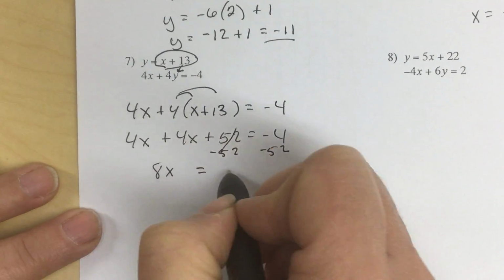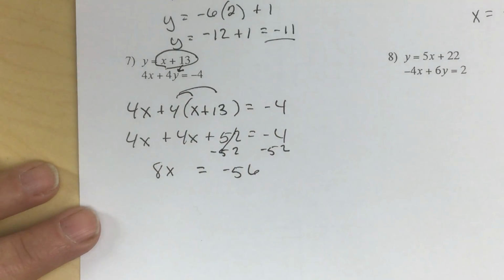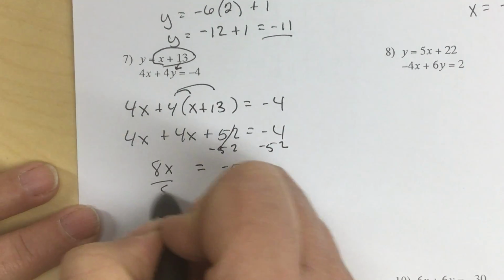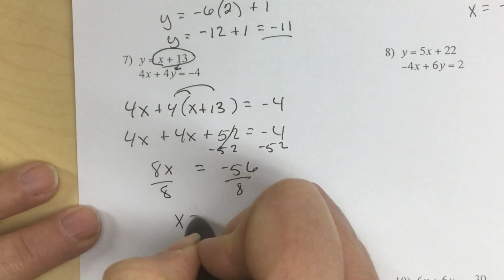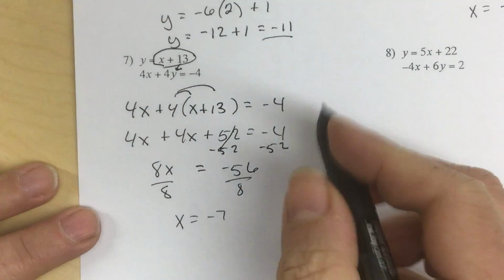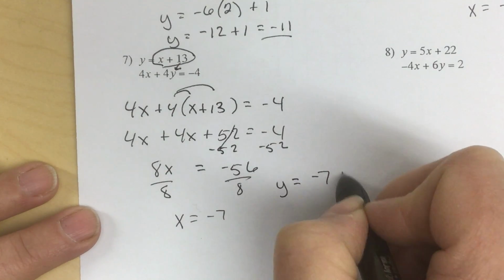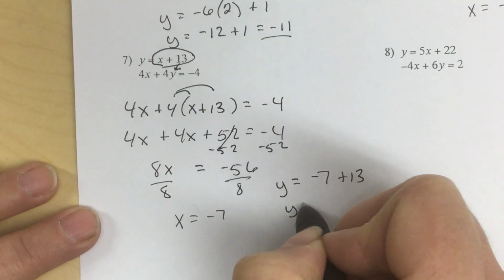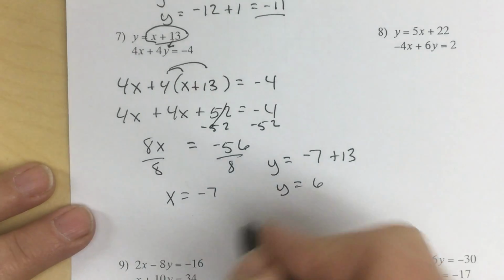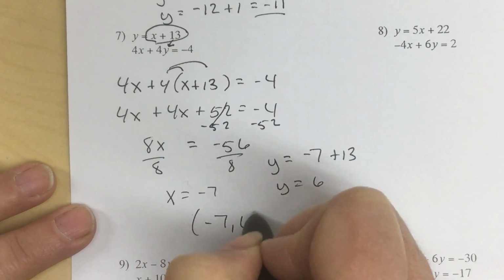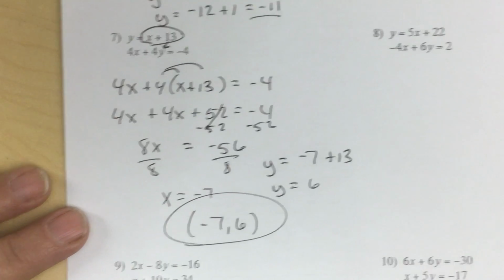So 8x will give me negative 56. And then I'm going to divide both sides by 8. X equals negative 7. Then we use y equals x, which is negative 7, plus 13. So y equals 6. So my answer is negative 7, positive 6.